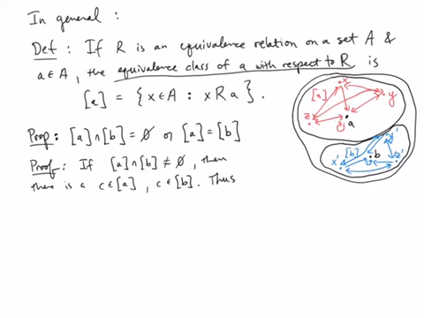Thus c is related to a and c is related to b. We'll just use c as our middleman, so we just have to switch this first one by symmetry. a is related to c, thus a is related to b by transitivity.